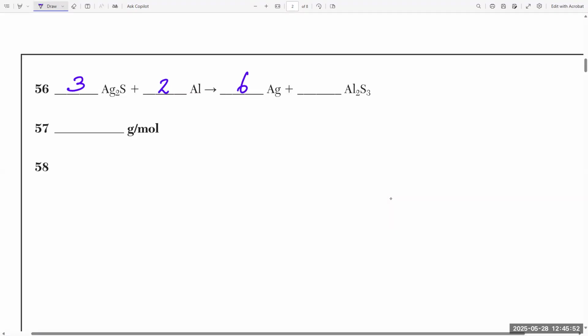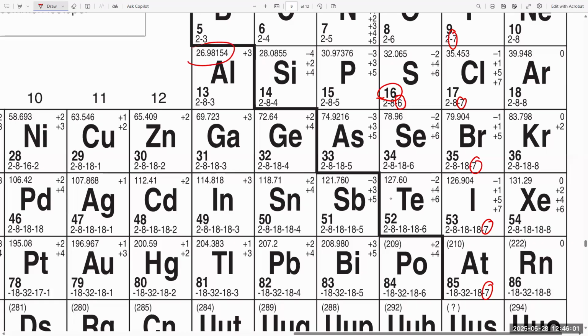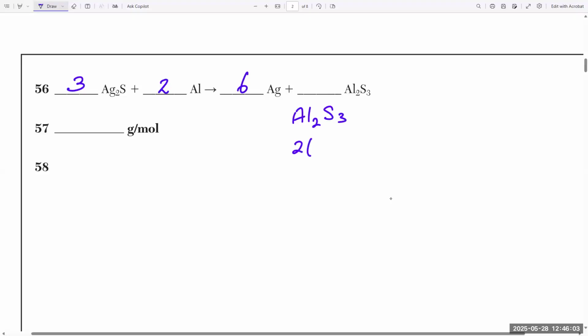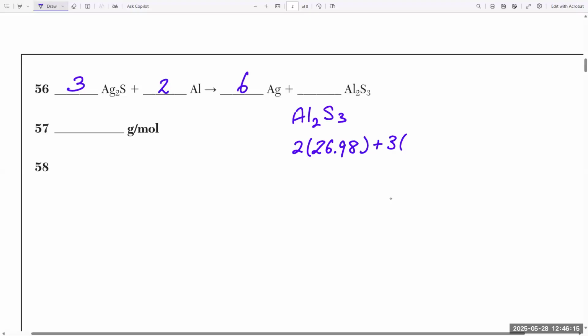So that means it's 2 times the molar mass of aluminum, which is right here, 26.98, plus 3 times sulfur, which is 32 and a change, 32.1. And they don't want the work, they want the actual answer, right? So in this case, what do you end up with?